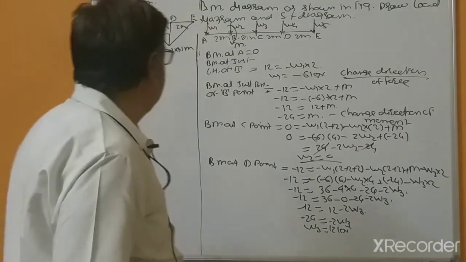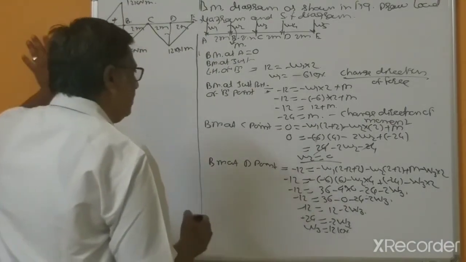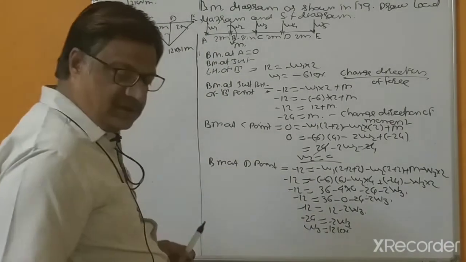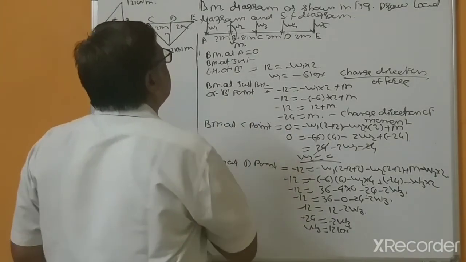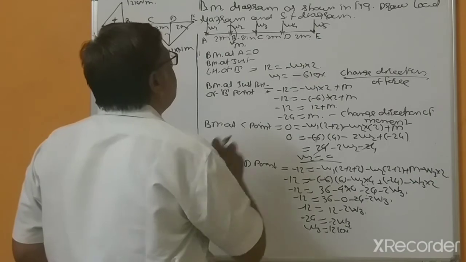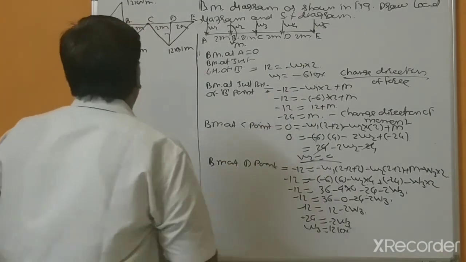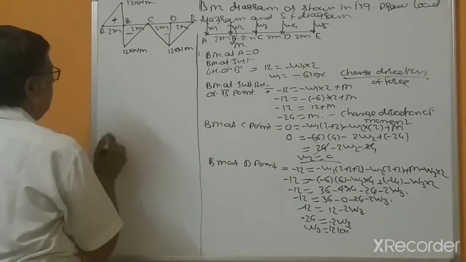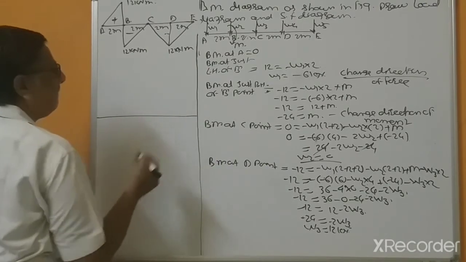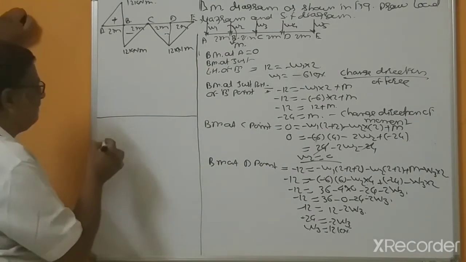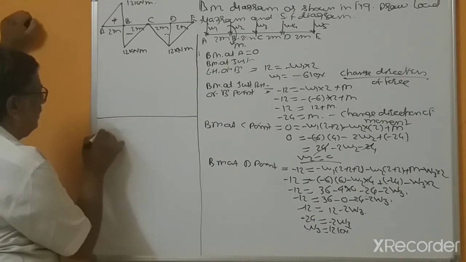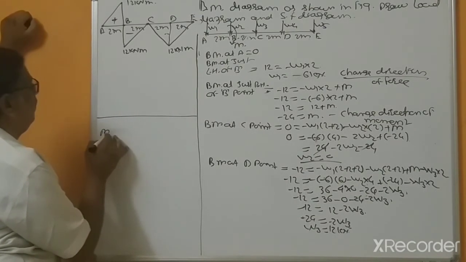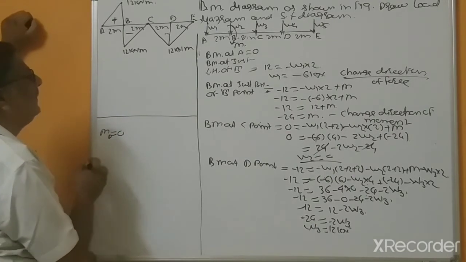Right. So bending moment at E point. Next moment is change direction. So that's why here I use this space. Bending moment MD equal to 0.